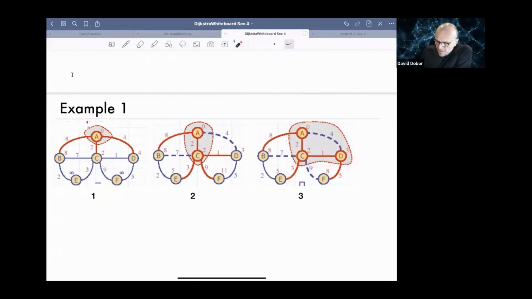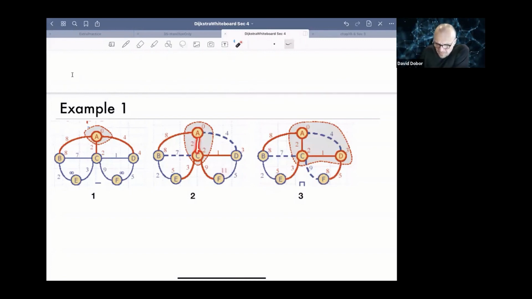Now we have new ways of reaching F. There's no new way of reaching E, but there is a new way of reaching F from D. What's the cost of the new way of reaching F? Before it was 11. How did I get this 11?